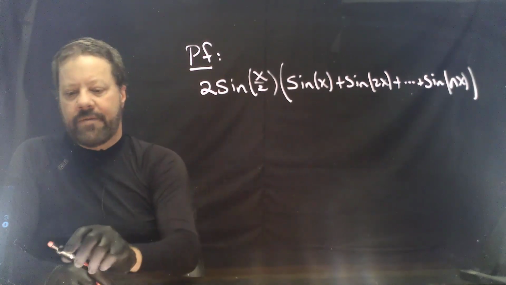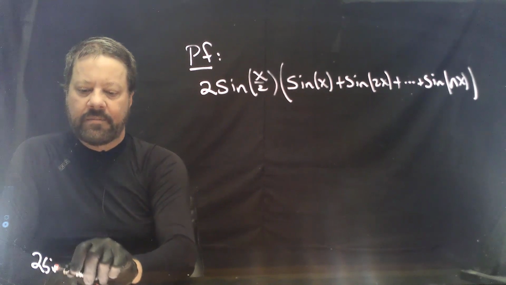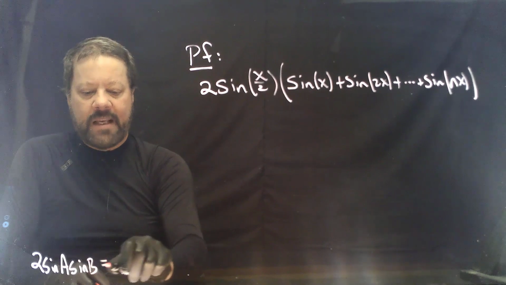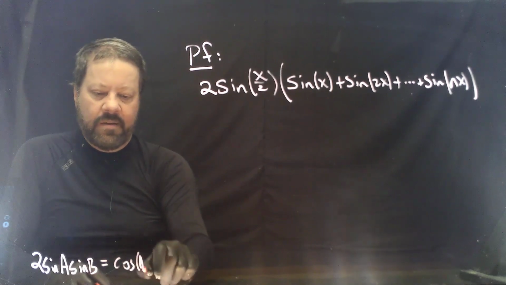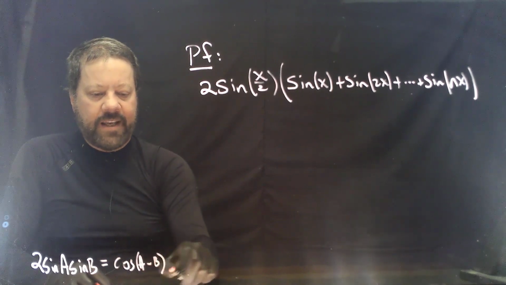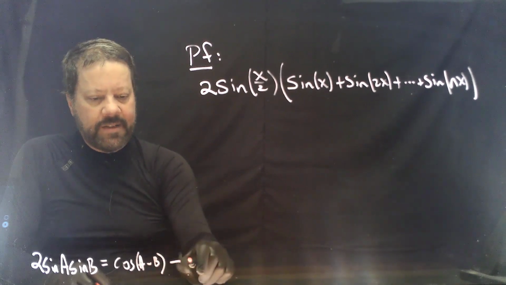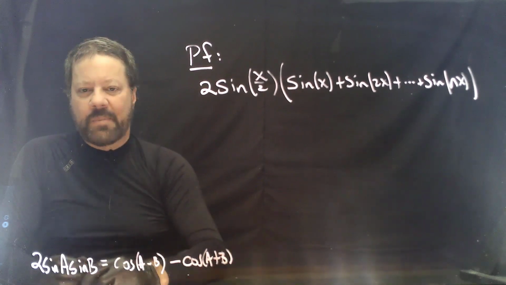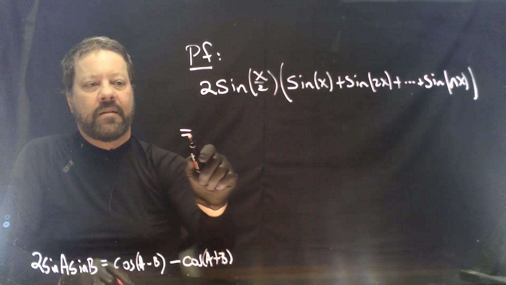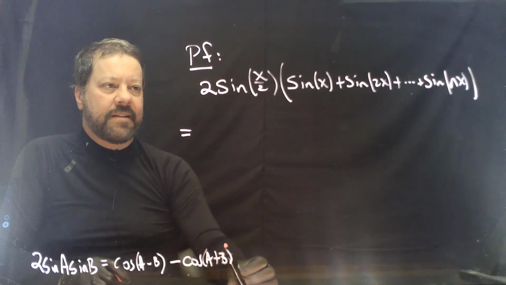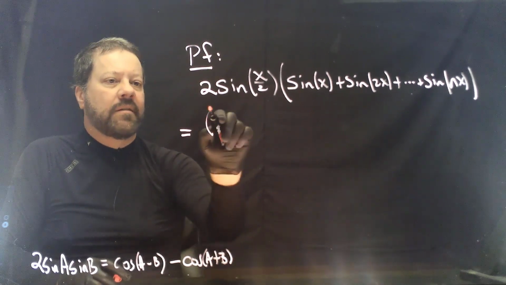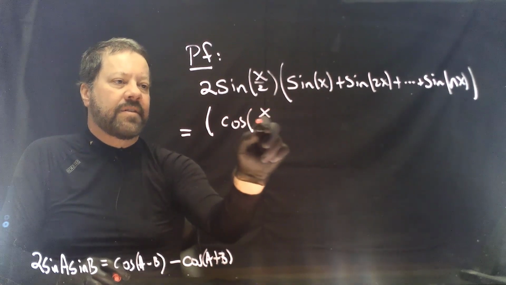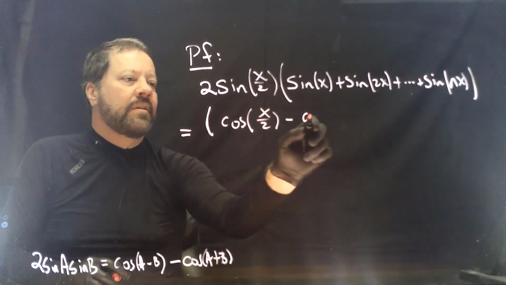We're going to use the fact that twice sine A sine B is the cosine of A minus B minus the cosine of A plus B. So using this identity, the first term gives us the cosine of the difference, x over 2.